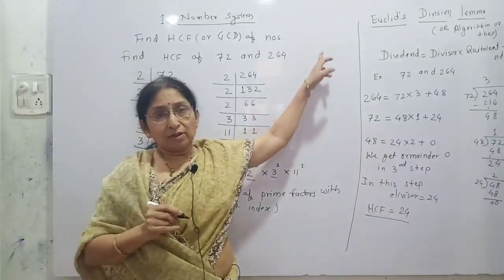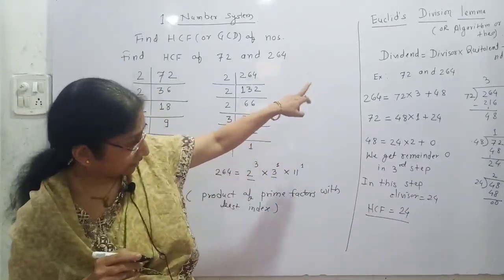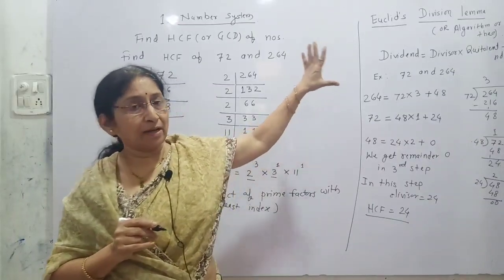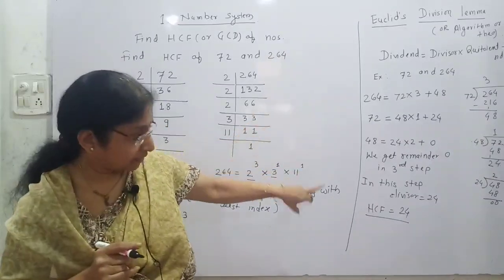So this is the method for finding HCF by Euclid's division lemma.